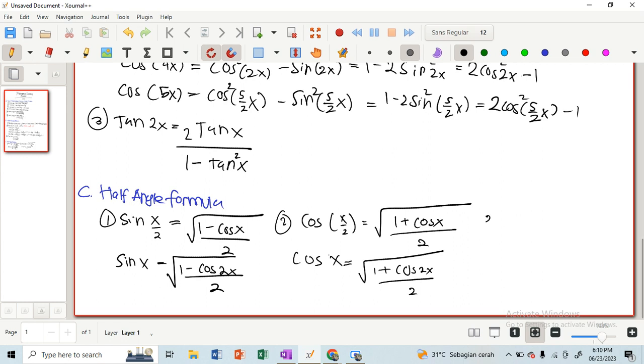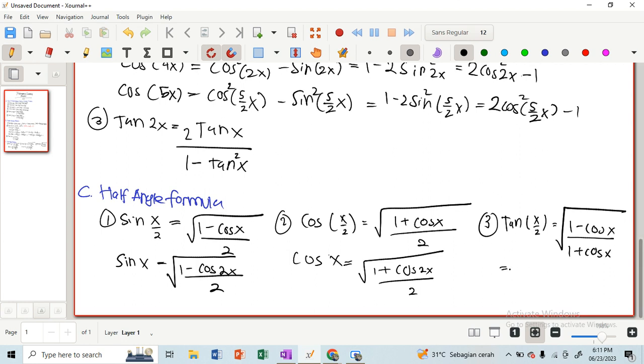And the third, for the tangent of the half of x, it would be the root of 1 minus cosine x divided by 1 plus cosine x.